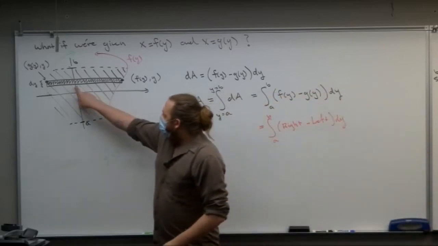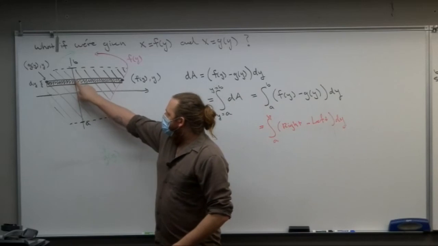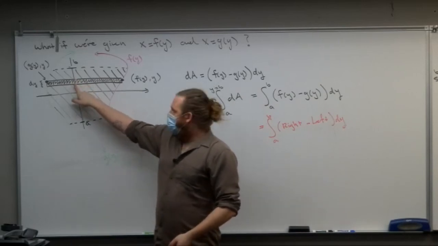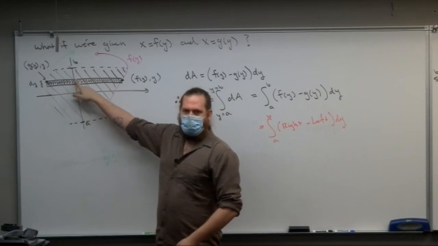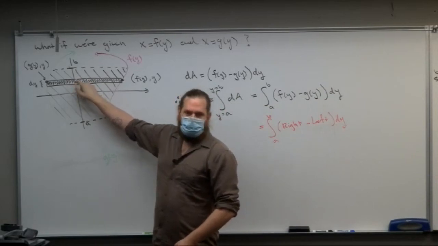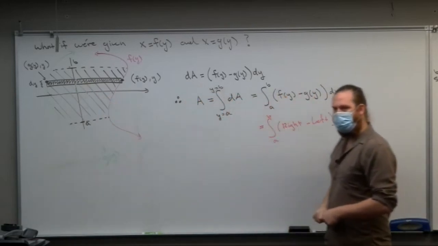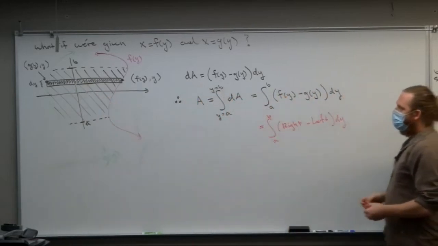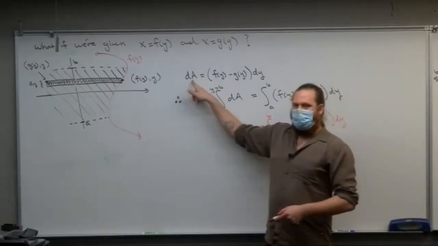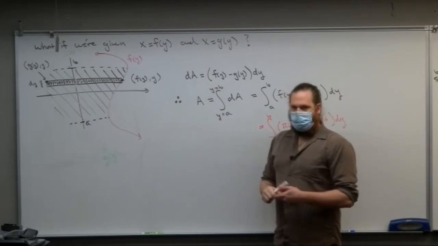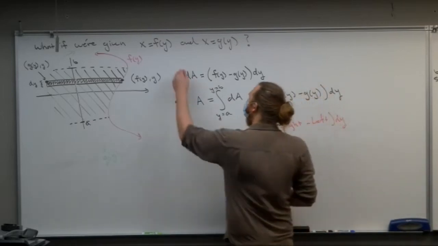To go through the width of this rectangle, I'm going through a small change in y, right? Like this might be y equals 1, and this might be y equals 1.2. So my little change there is a change in y, and we call that a dy. What's the dA again? dA is the little area that I'm going to integrate to find the big area. So dA is the area of the rectangle.